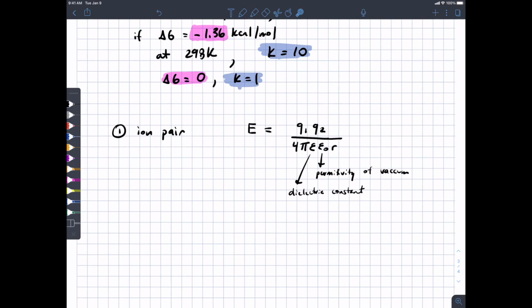So if you have two charges in water, if the water molecules between them can orient themselves aligning with that field, they will actually prevent the charges from seeing each other to the same extent. So this tells you that when we think about ion pairs, context is going to be important. You might expect two charges in a vacuum to have a much stronger interaction than two charges in water.